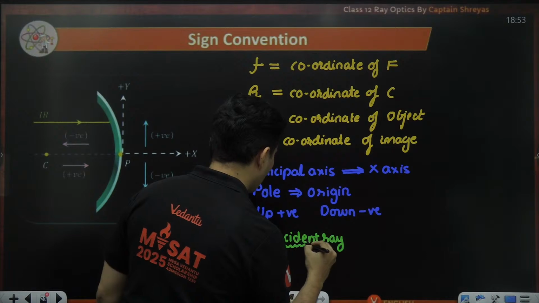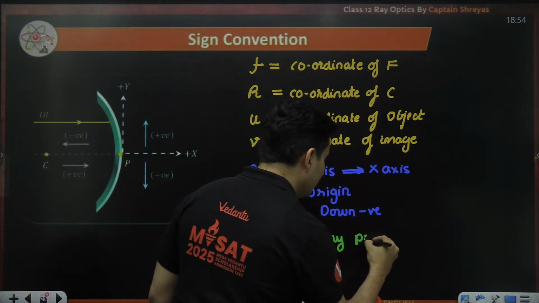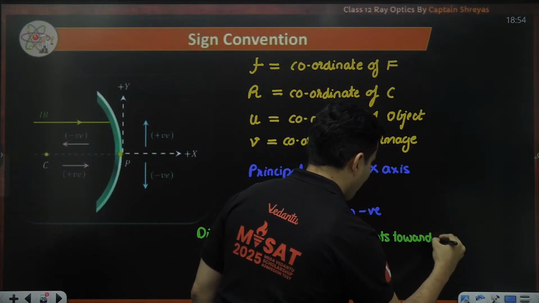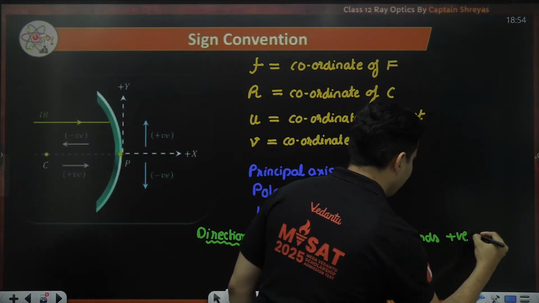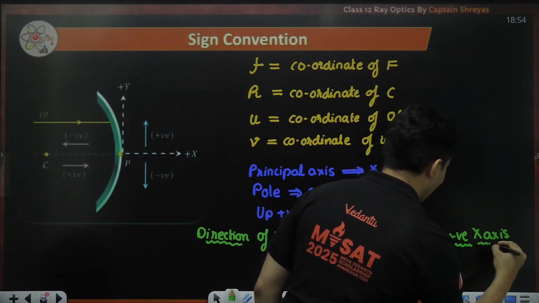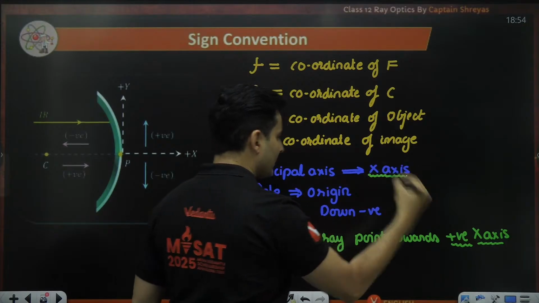The direction of the incident ray points towards the positive x-axis.